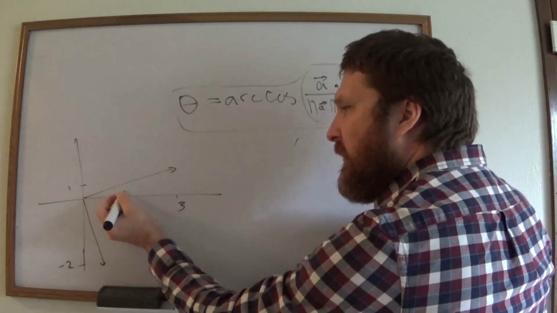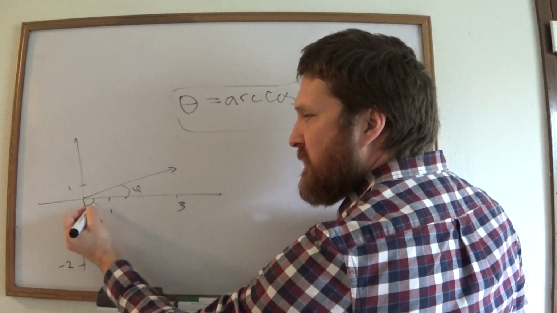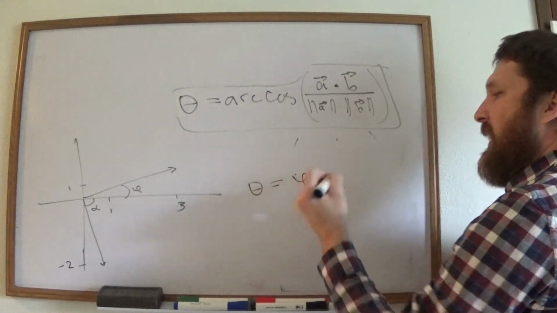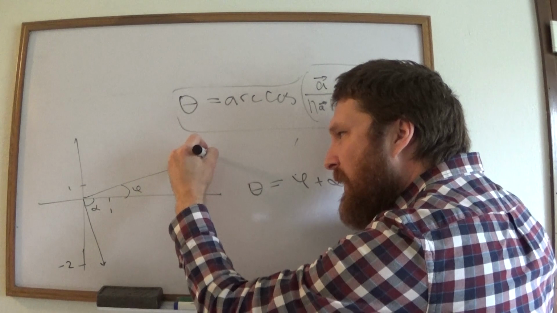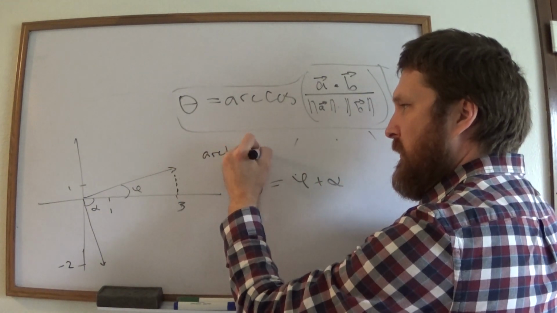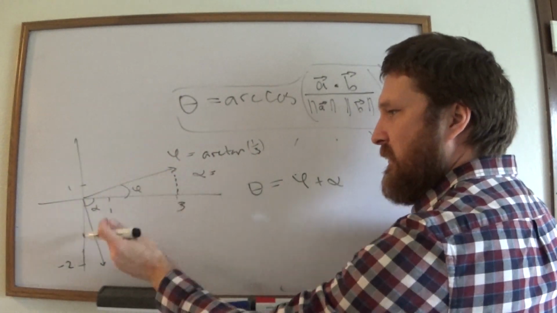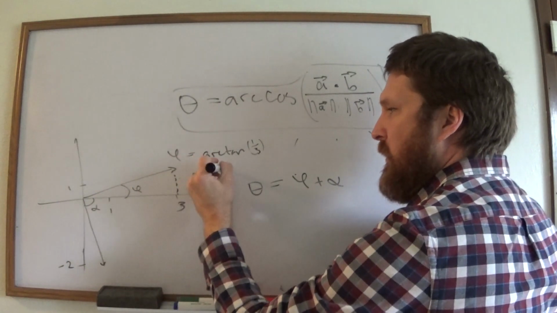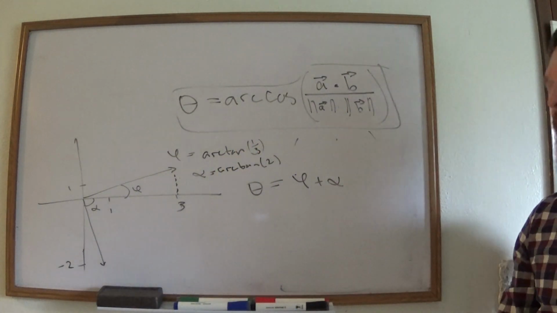Okay, if I find this angle here, here's phi, and if I find this angle here, let's call it alpha, then theta is phi plus alpha, and we're good to go. So you do your trig, and that would be arc tan of this over this, which is 1 over 3. That's my phi. And my alpha is arc tan of opposite over adjacent, which is 2 over 1, so arc tan of 2. Okay, you got your answer, and that's great.